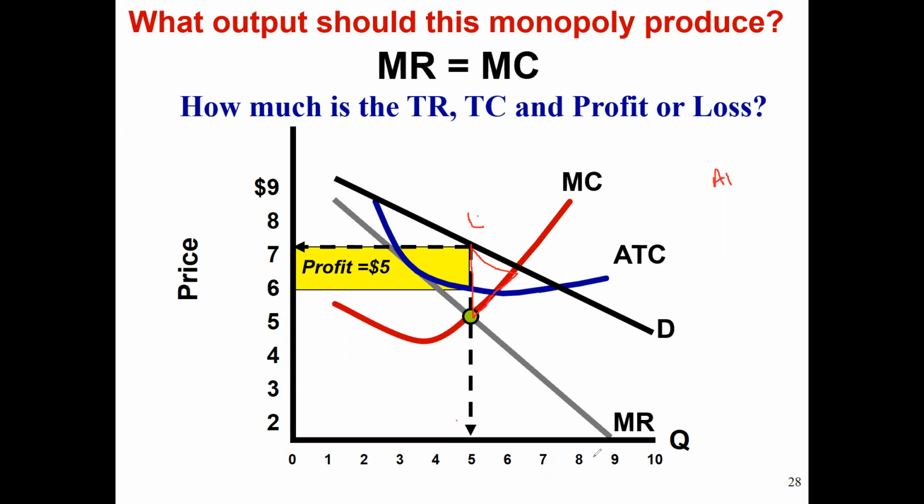Like I said, your highest total revenue is where MR hits the axis. Now, if they did an excise tax, MC to the left, ATC up. Lump sum, just ATC up. How about if they did a per unit subsidy? So then you'd have MC to the right.